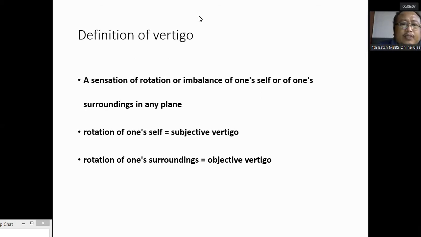The patient says, "म आफै घुमिरहे जस्तो लाग्छ," meaning the patient is rotating while the surrounding is stable, but the patient is feeling the rotating movement. The other way, the patient is stable, but the surrounding is moving or rotating. That is the objective vertigo.